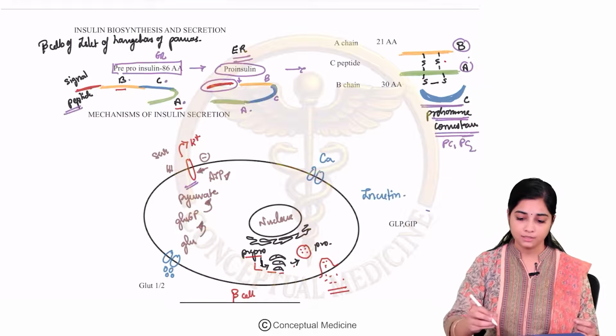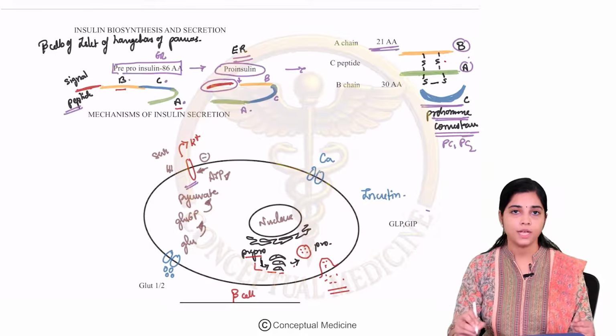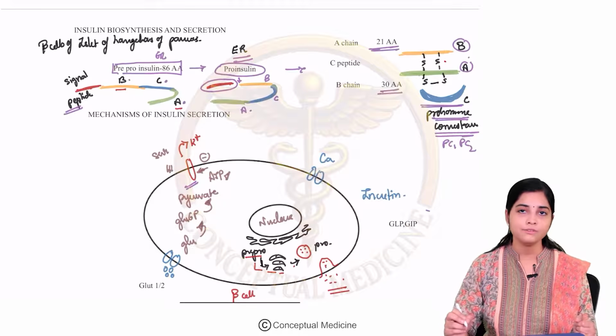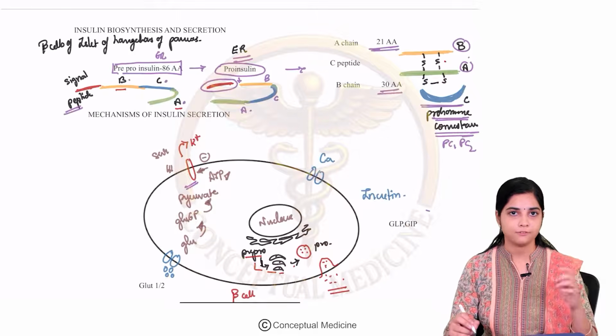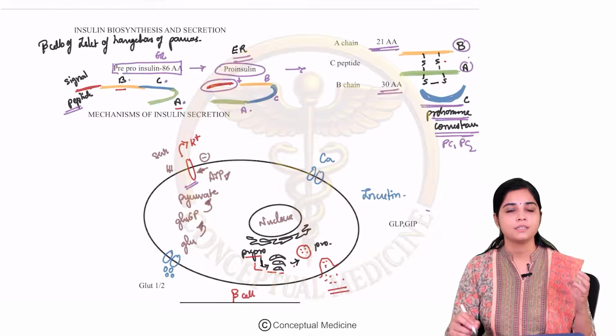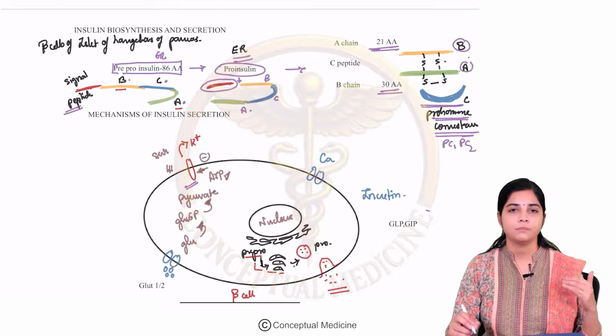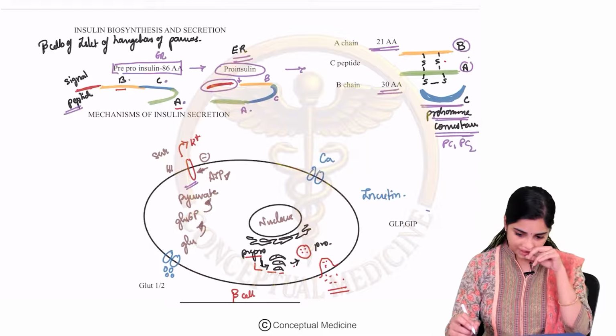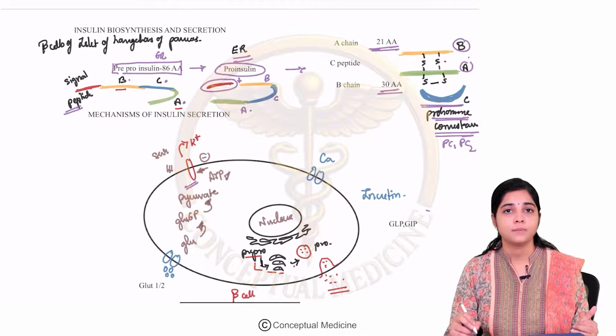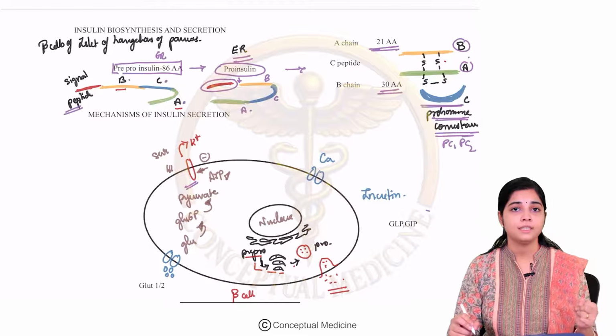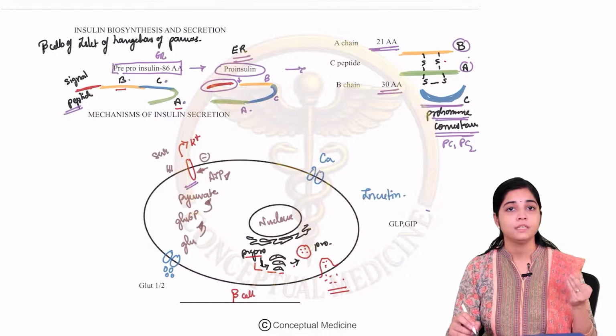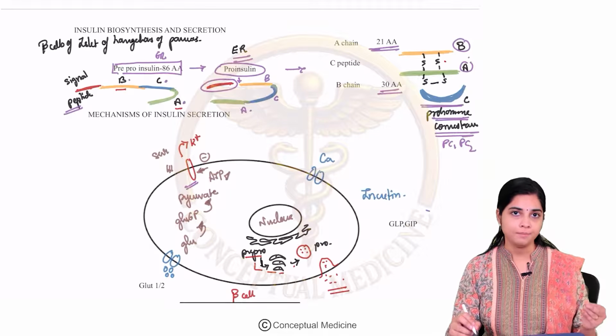Now this A chain comprises 21 amino acids and the B chain comprises 30 amino acids. In the final structure of insulin, the A chain and B chain are connected by disulfide bonds, and these disulfide bonds are present between the interchain, so A and B chain.